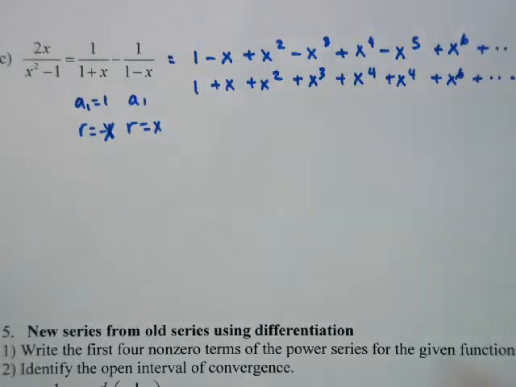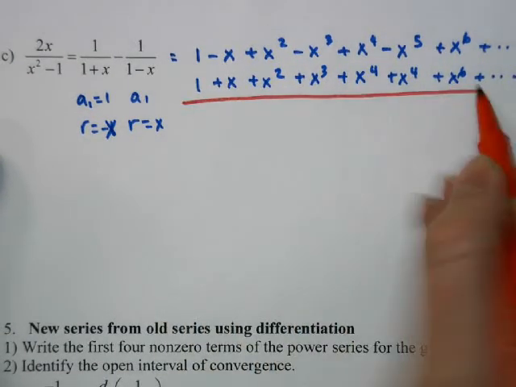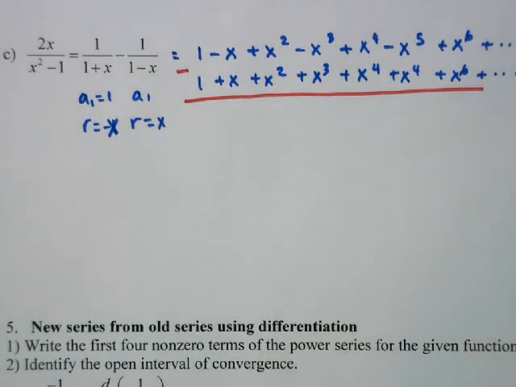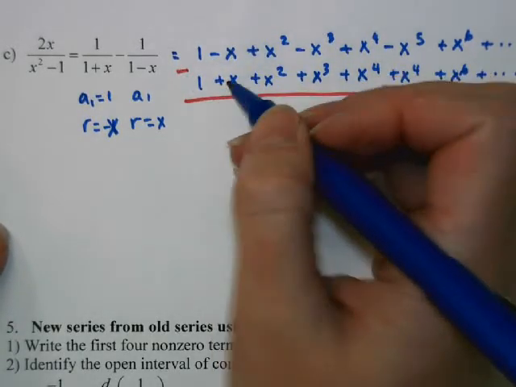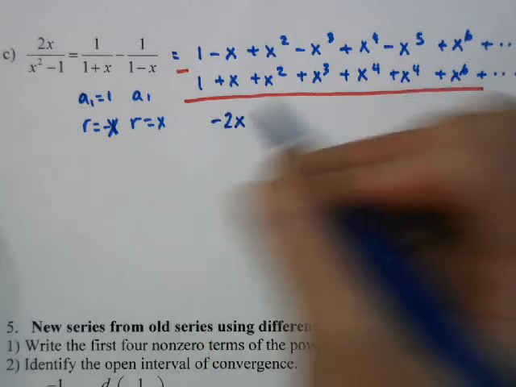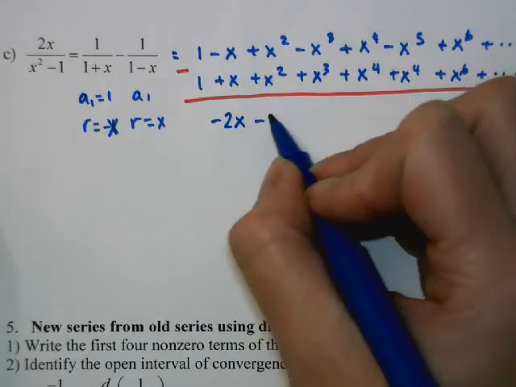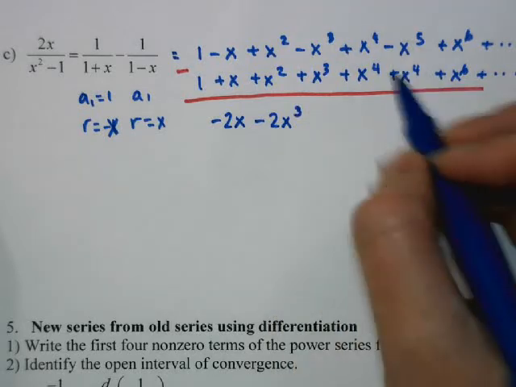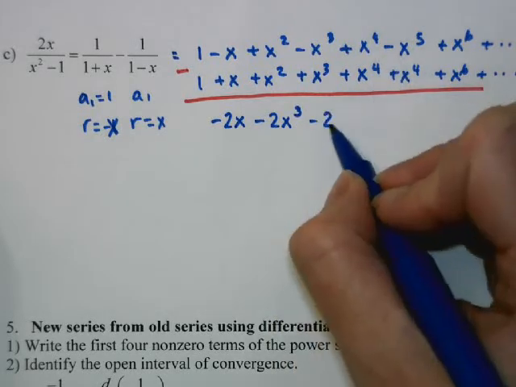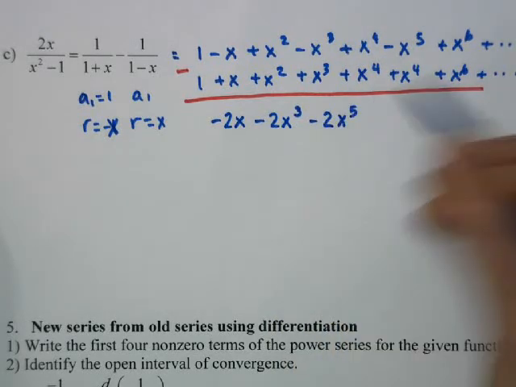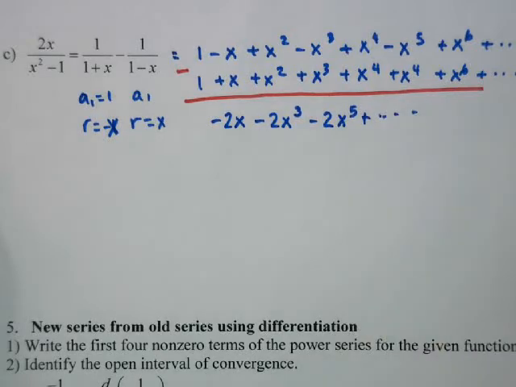Okay, so if I were to subtract these, this top line minus that line, 1 minus 1 goes away. I have a -x minus x is -2x. X squared minus x squared, it goes away. Minus 2x cubed, those go away. Minus 2x to the fifth, and so on.